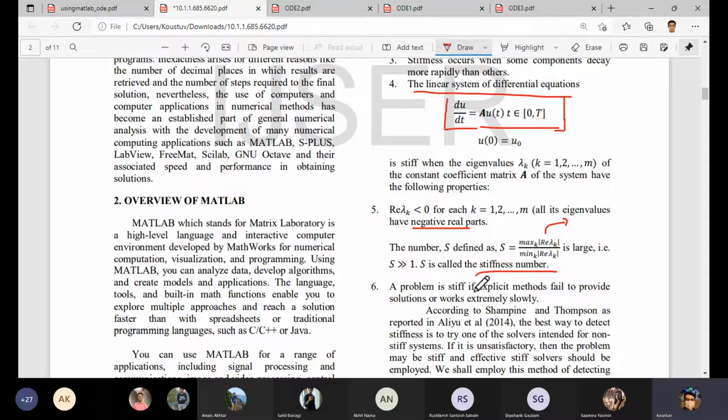We are aware of different explicit numerical integration techniques, for example the Euler method, and the Runge-Kutta method, which is also based on explicit Euler. That sometimes fails, and that means it may provide some solutions, but with an extremely slow process. It will take long enough time to give you the solutions.